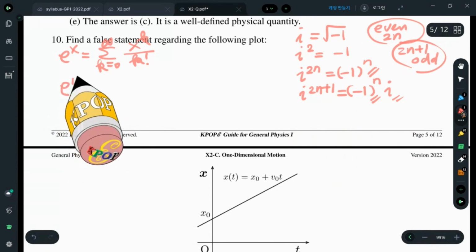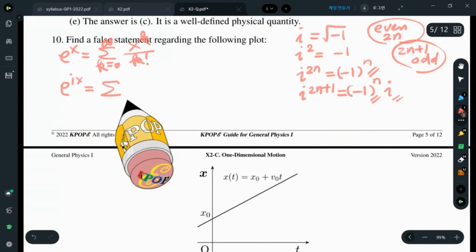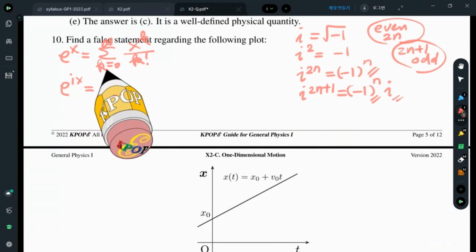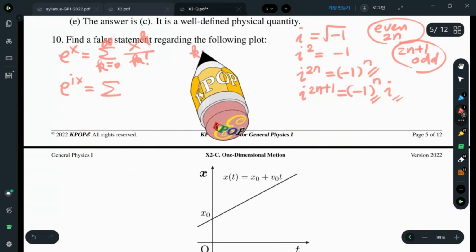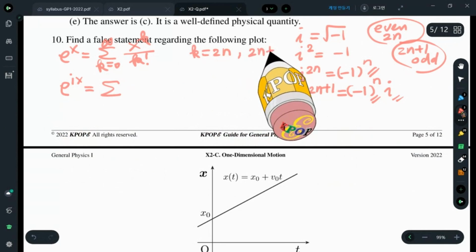Let me compute this, e to the ix. It can be divided into k of the form 2n or 2n plus 1.